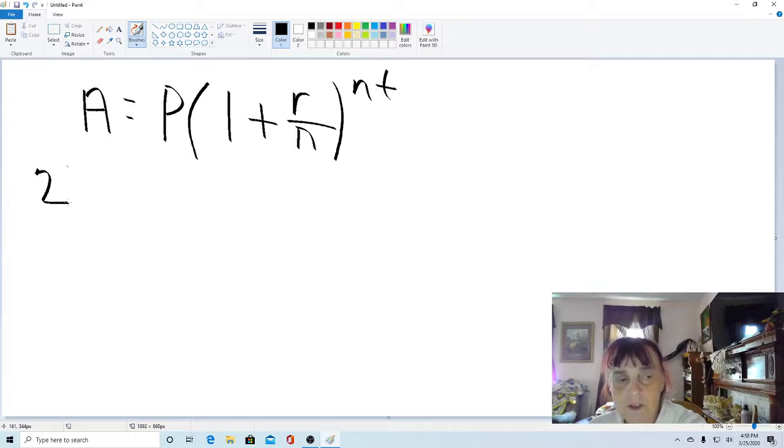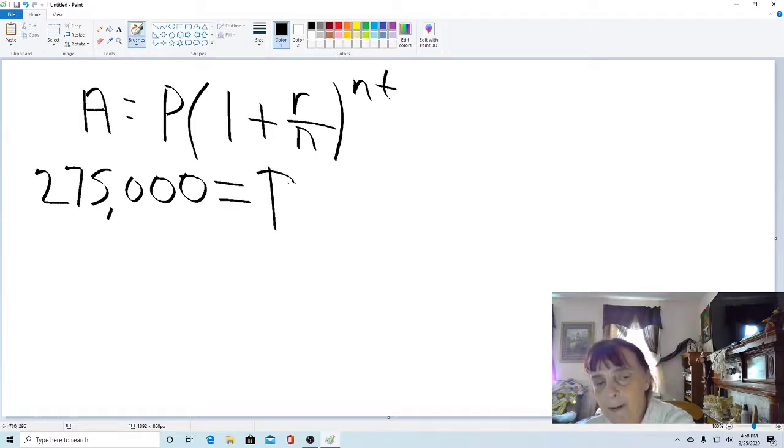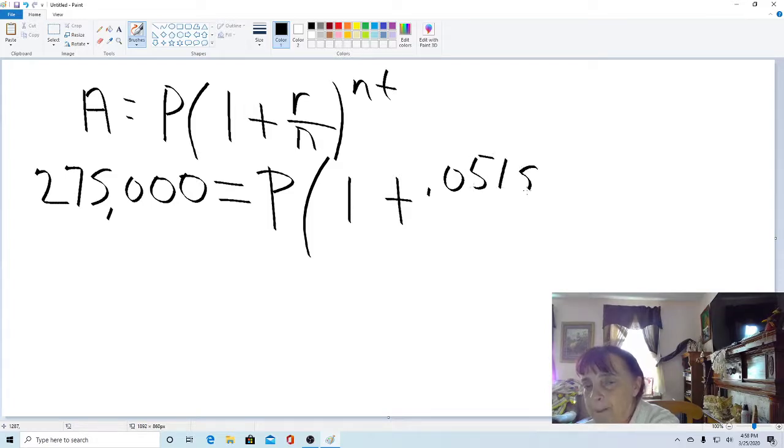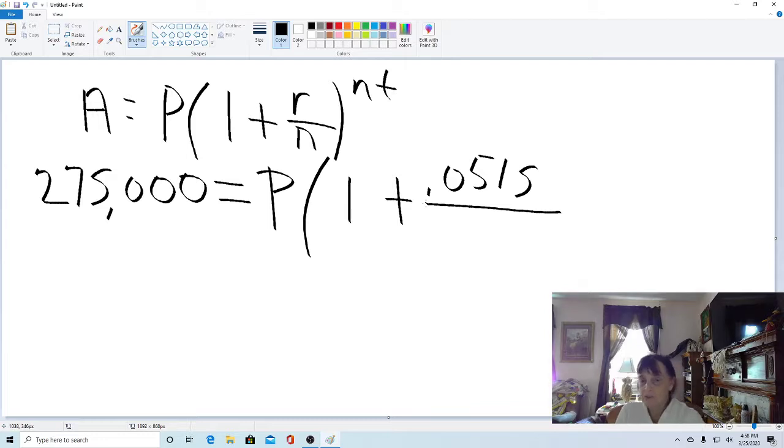So it's 275,000 equals P times 1 plus the interest rate. It's 5.15%, which is 0.0515, divided by how many times it's compounded. It's compounded monthly, so you divide this by 12. Raise it to the power of 12 times 5.